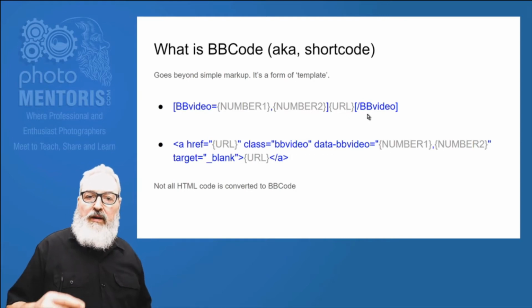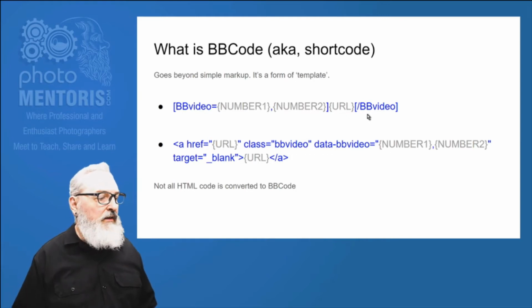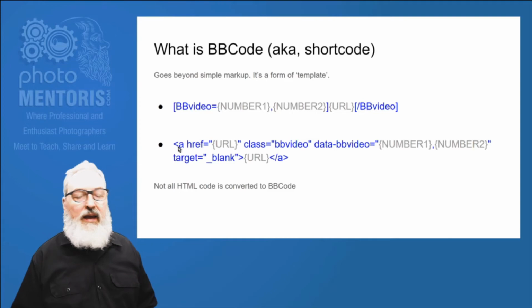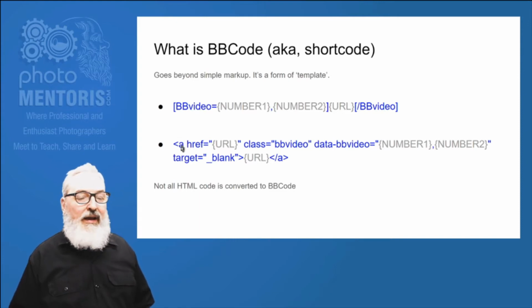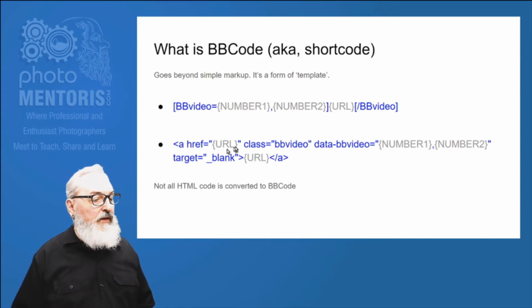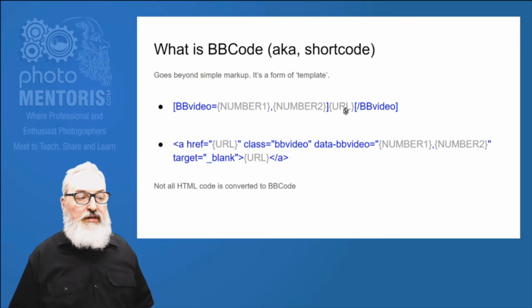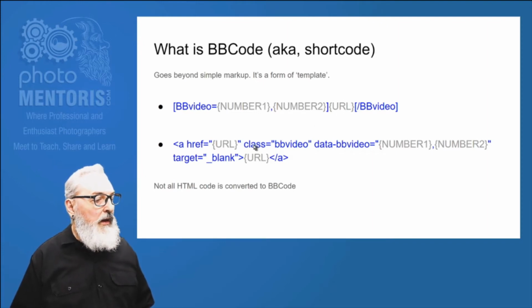When the forum formats this, it turns it into usable HTML. We see that we have the open angle bracket, and it's going to be an anchor with an href to the URL, which you inserted here in the BBCode.